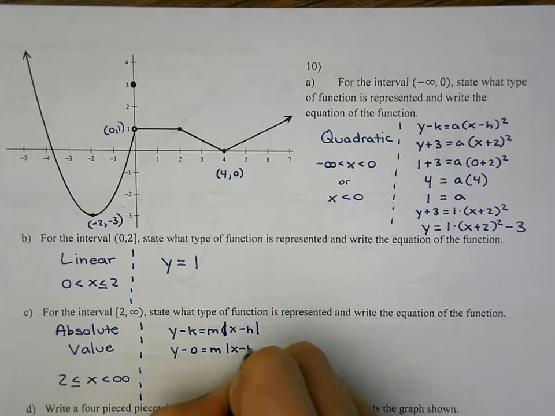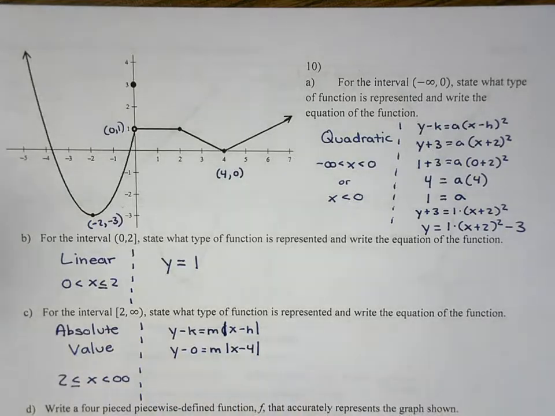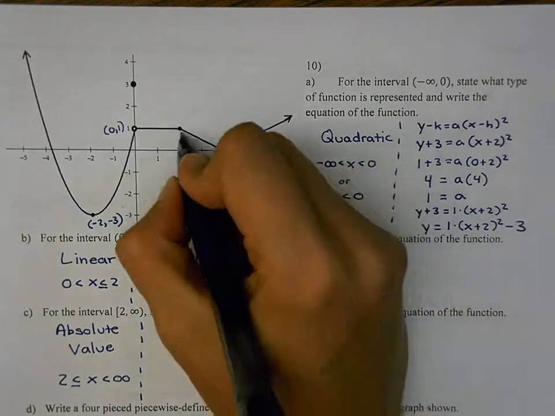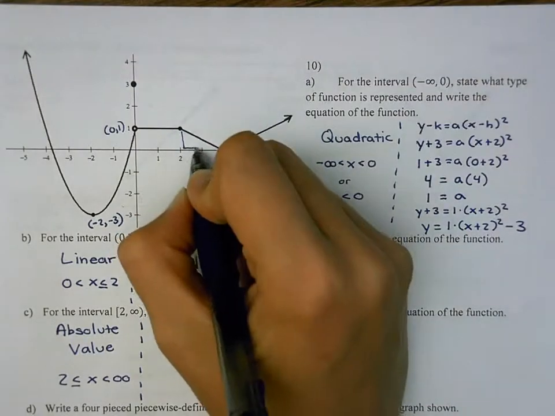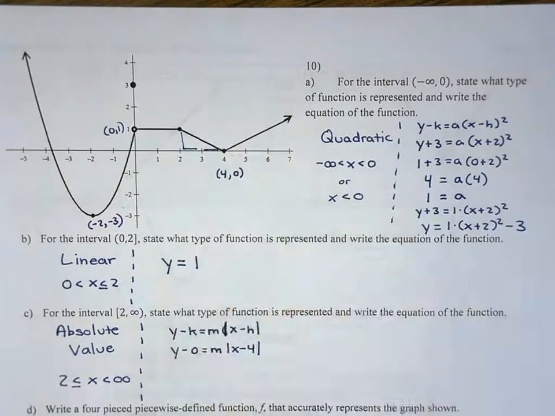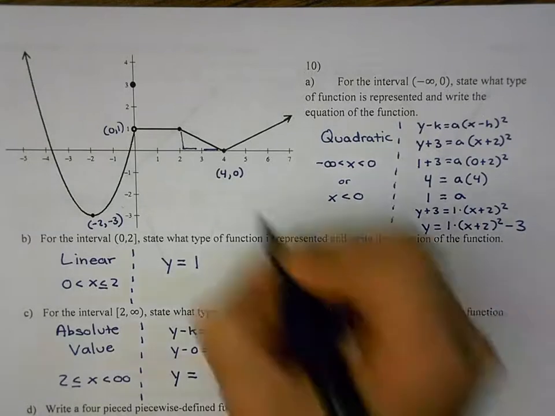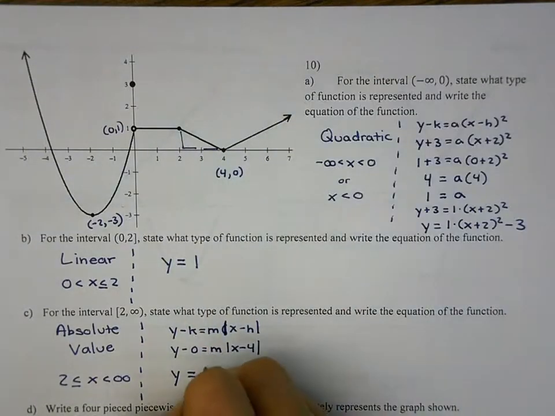And what's your slope? The slope is rise of 1, run of 2. Is this a positive or a negative absolute value? It's a positive, facing upwards. So rise of 1, run of 2.